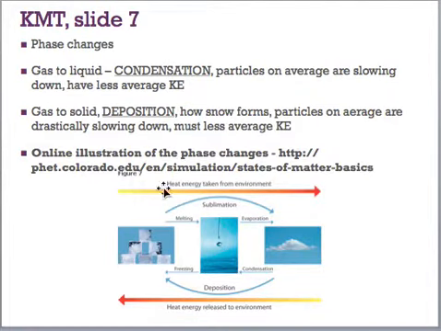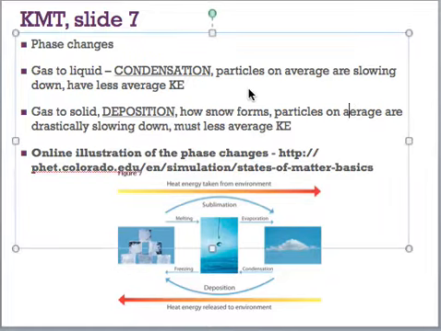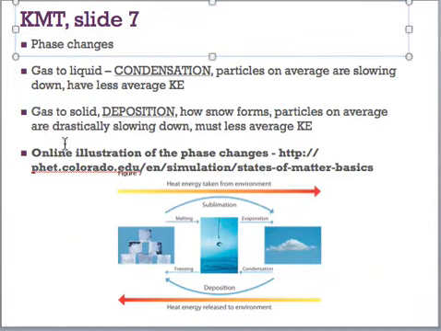And then last thing for this section is the phase changes, and we talked about these a little bit. If you're going from a gas to a liquid, we said it was condensation. What's happening here is the particles are slowing down, they're going to release energy, and the particles themselves are going to have less kinetic energy. Gas to a solid, we said before, was how the snow forms, the deposition, and here the average particles are drastically slowing down.